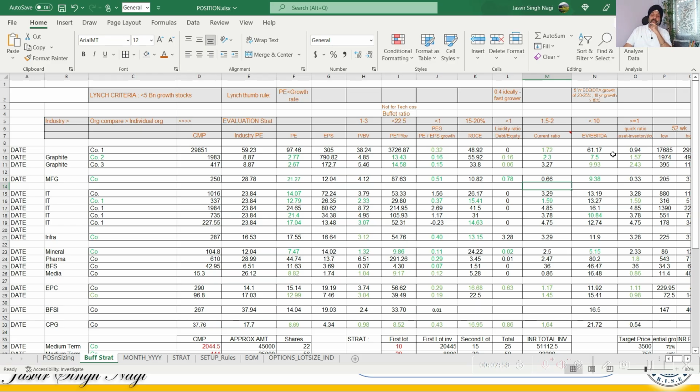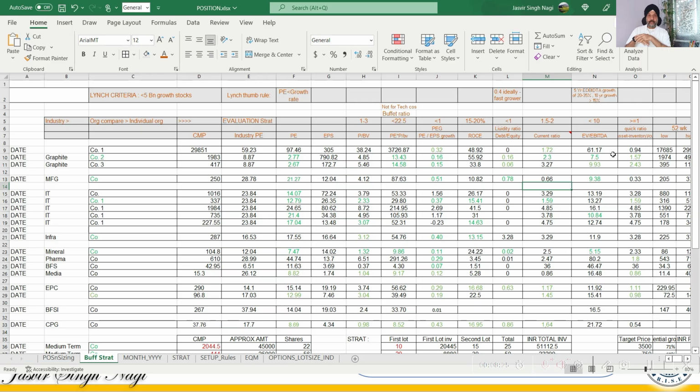So this has to be less than 10, because if your EBITDA is lower than your value, that means your margin is not good enough to match up with your economic value. That's what it means. So it's the other way around.